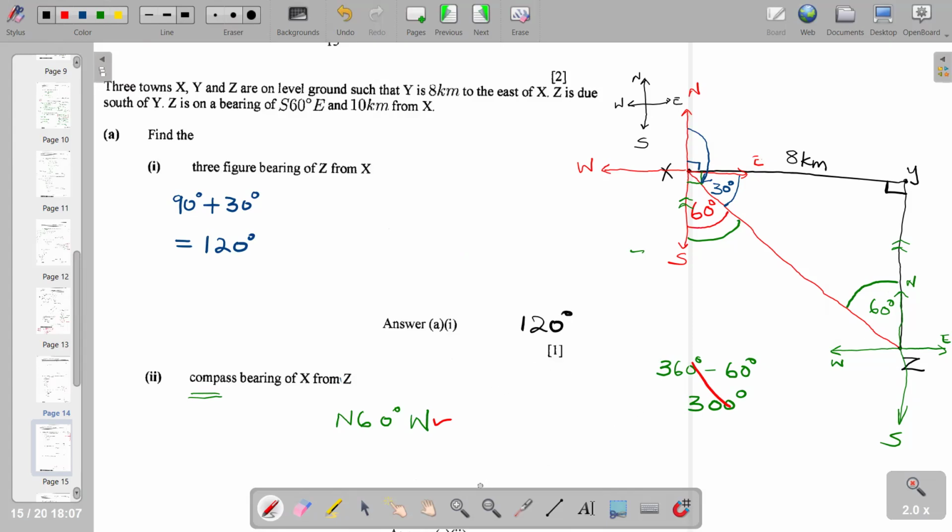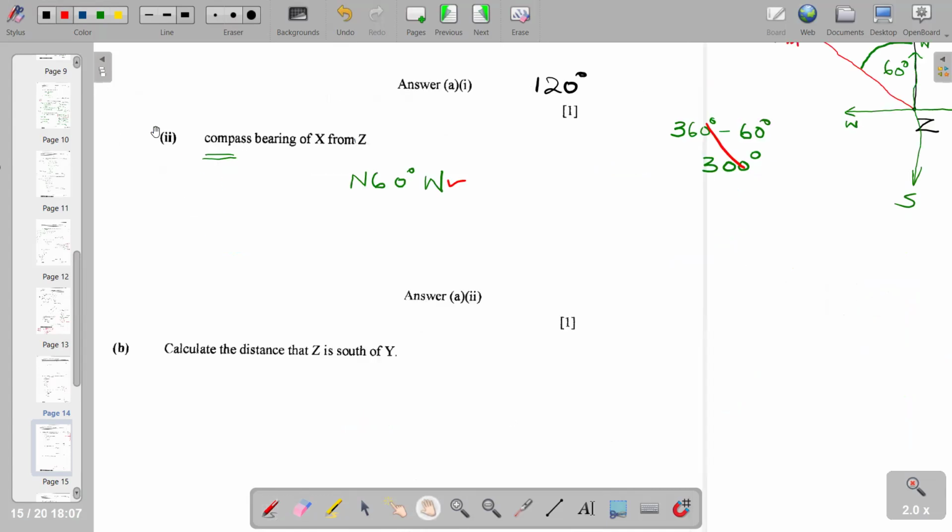Then the next one, take note, we have to highlight, we are told the distance between Z and X is 10 kilometers. It was supposed to be highlighted there on the diagram. 10 kilometers. Then let's go to the next question.